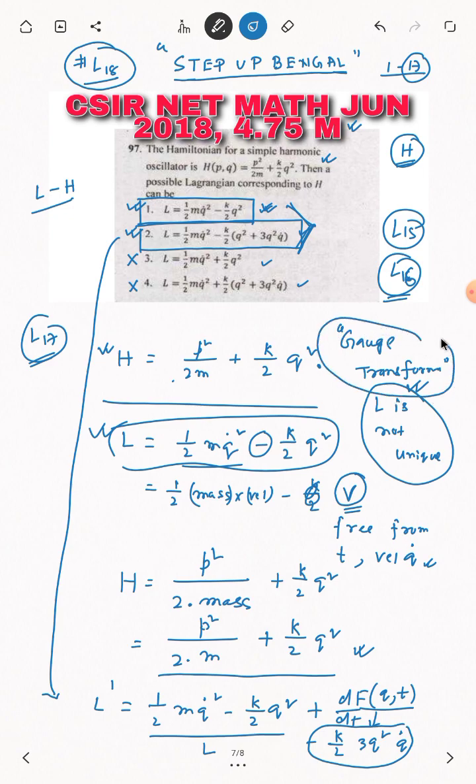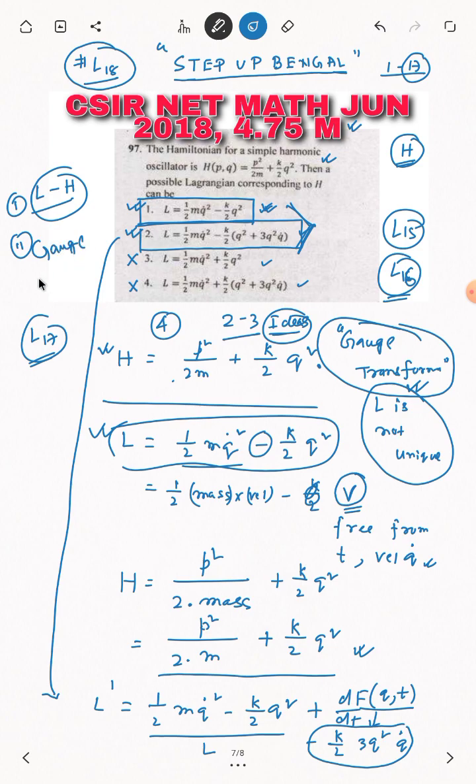And I have previously told you that as in real analysis or complex analysis or linear algebra, any topic of CSIR NET, in almost every question there are 2 to 3 ideas inserted. Often we see 4 ideas also. Here 2 ideas are inserted. One is Lagrangian to Hamiltonian conversion, and second is gauge transformation.